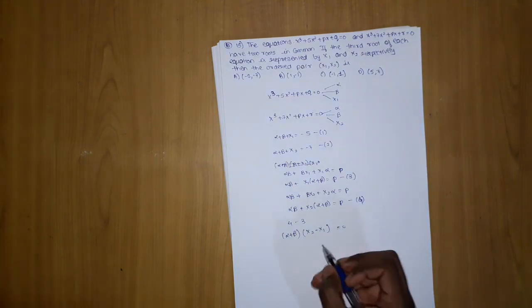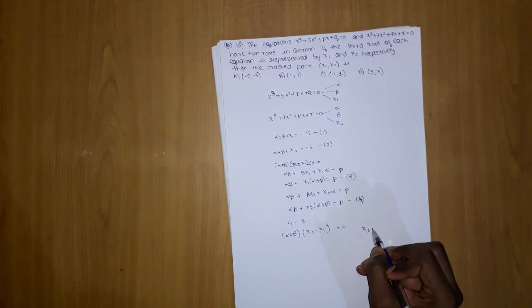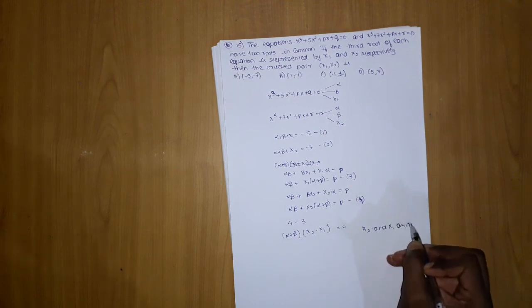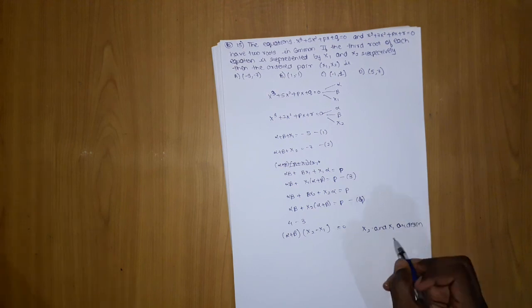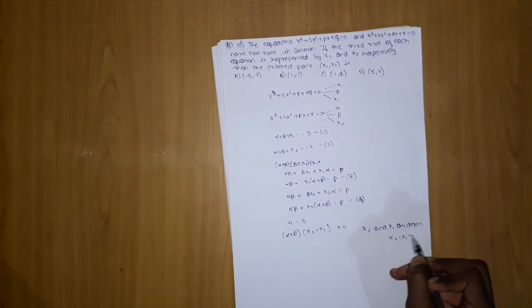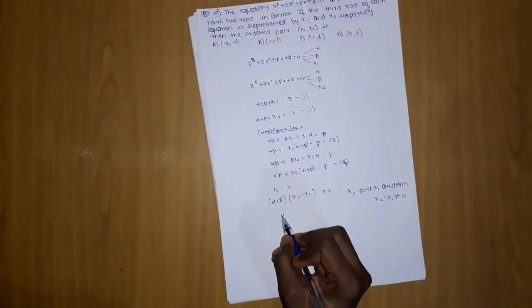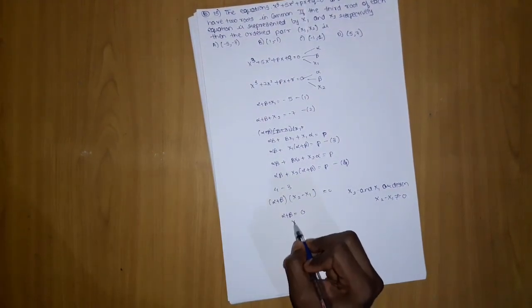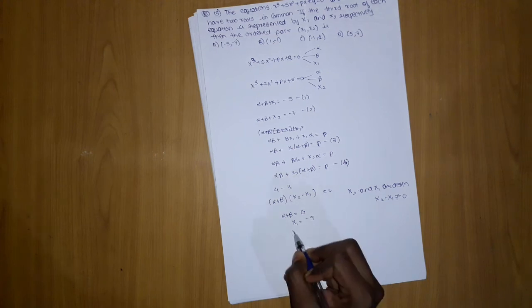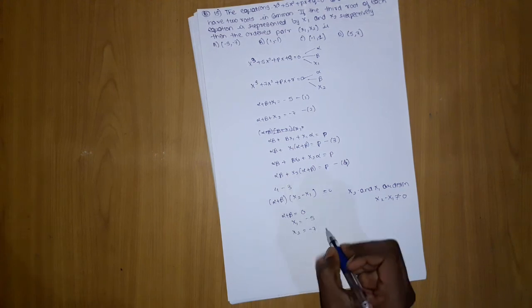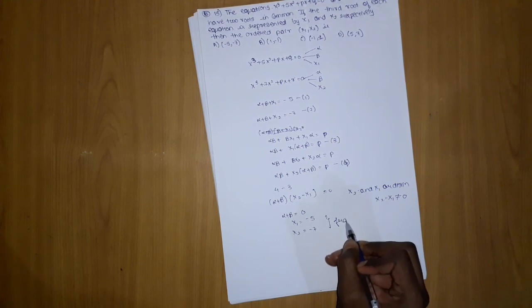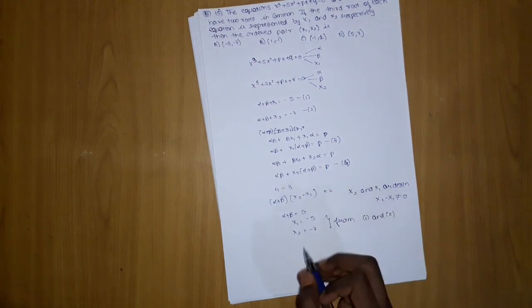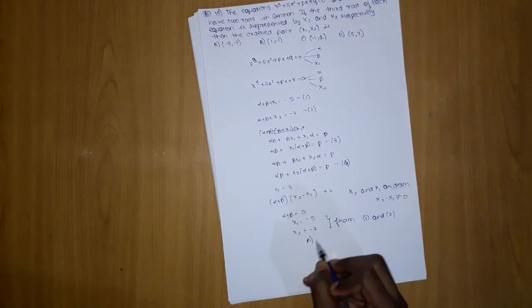We have already said that x1 and x2 are distinct, so x2 minus x1 cannot be equal to 0, so alpha plus beta should be equal to 0. If alpha plus beta is equal to 0, then x1 should be equal to minus 5 and x2 should be equal to minus 7, from 1 and 2. So A is the answer.